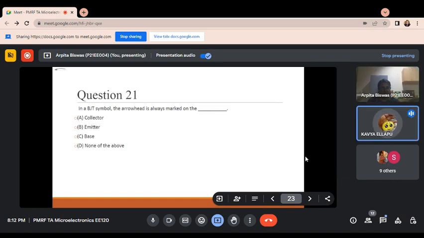It emits the electrons towards the collector. The arrowhead is always marked on the emitter.